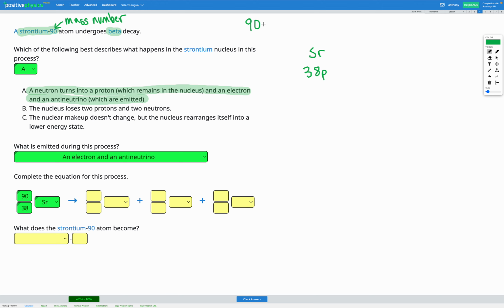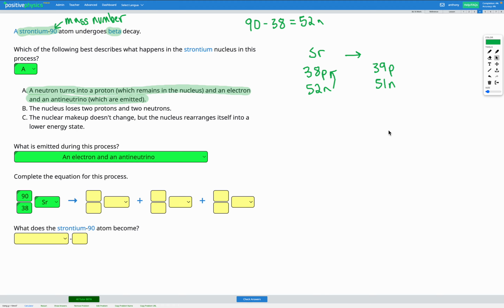So 90 minus 38 gives us 52 neutrons. And now we know that one of those neutrons is going to turn into a proton, which stays in the nucleus. So we're going to end up with one less neutron, so 51 neutrons, and one more proton, so 39 protons.